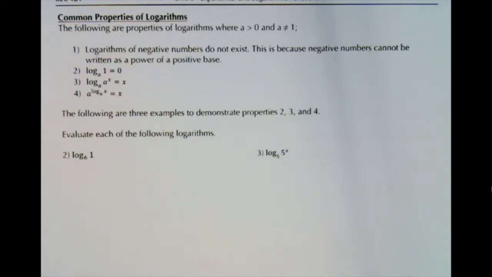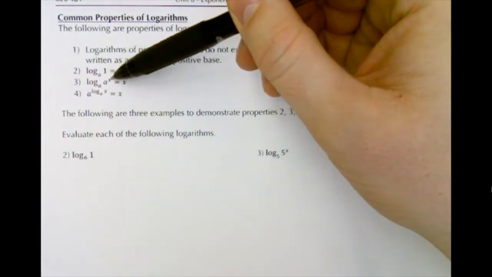Our second property is that if we have the log of 1 with any base, that's always equal to 0, and it's because of the power of 0. When you have a power with an exponent of 0, we always get 1. The third is when we have the log of a to the exponent x base a.